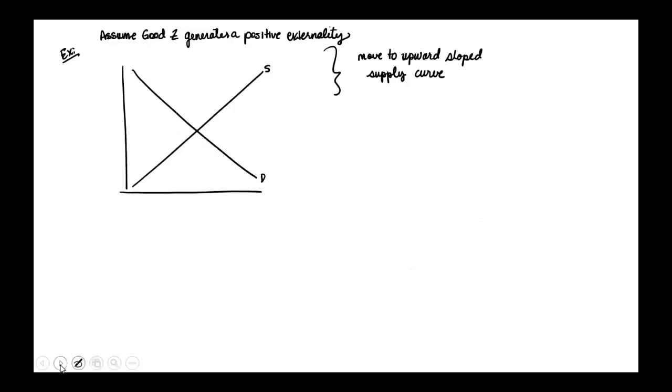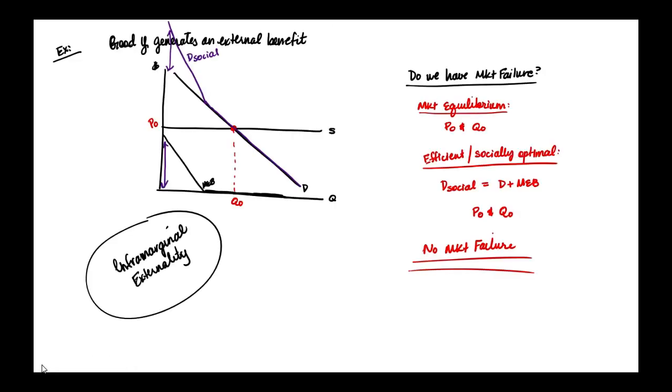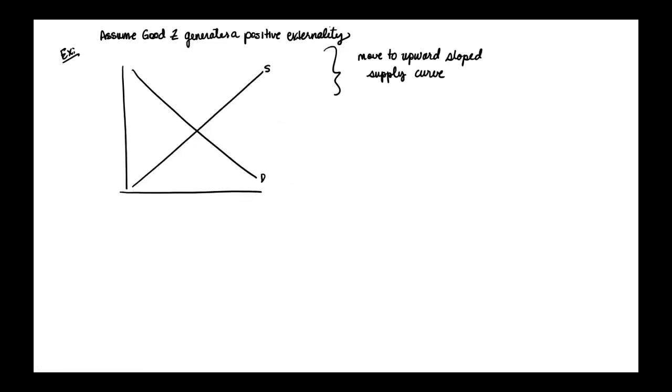Everyone have that? So when I draw this, I need to make sure that I'm not accidentally drawing an inframarginal externality. If you're drawing your marginal external benefit curve, don't accidentally draw an inframarginal externality, because you're not going to get market failure and then you're going to be really confused. What happened? I'm not getting the right answer. So let's put in a marginal external benefit curve that looks like this.